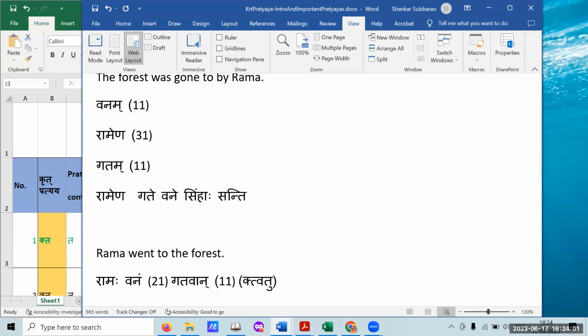This is one possibility. What does it mean now? Rama went to the forest. So in what sense is Gatavan? Past tense. In what karaka sense? Which karaka does tavatu denote? Karta. Correct.